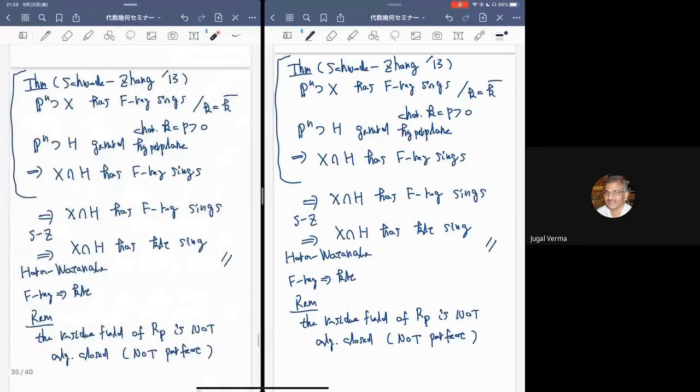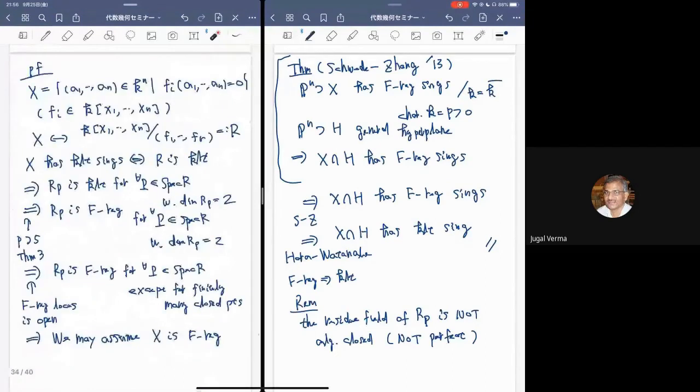Bertini's theorem is a very classical result in algebraic geometry, but as I said, it fails in positive characteristic. So in algebraic geometry in positive characteristic, the study over non-perfect fields is very important, and we can apply commutative algebra to that setting.